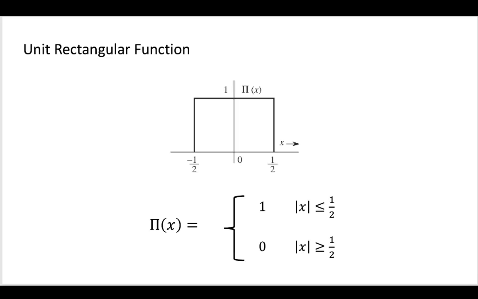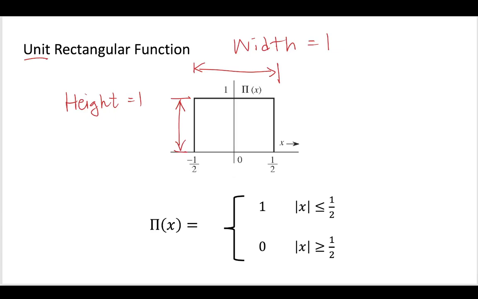So the first is the rectangular function. We can call this the unit rectangular function. The unit rectangular function has a width of 1 and a height of 1, is represented by the uppercase pi symbol, and is defined as shown below. We call this the unit rectangular function when it has a height of 1 and a width of 1.